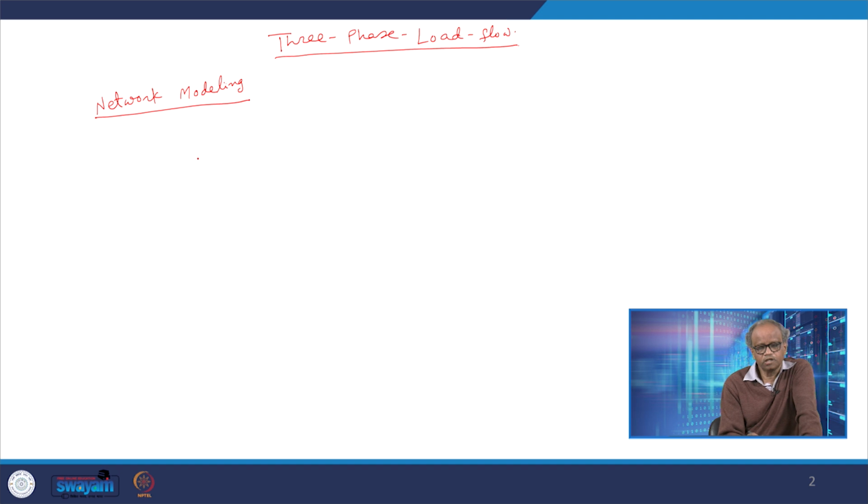So in the case of network modeling, essentially there are two components: transmission line and transformer.